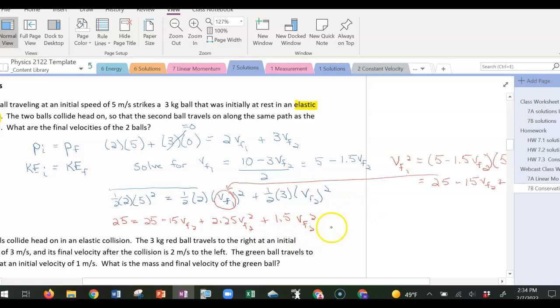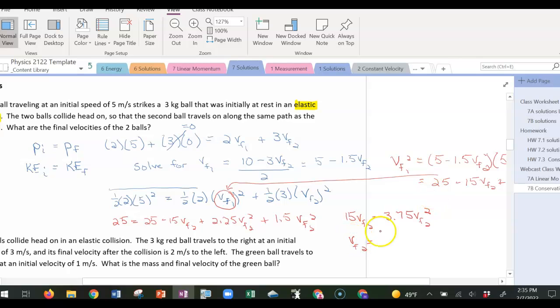I'll combine the VF2 squared terms, and I get that 15 VF2 equals 3.75 VF2 squared. So I can divide both sides by VF2.